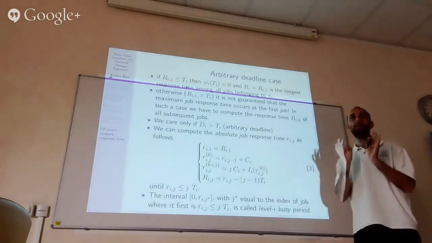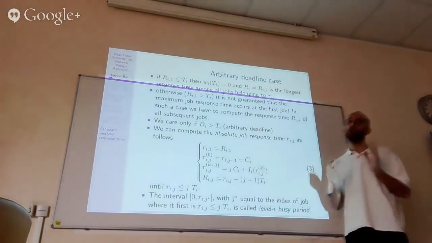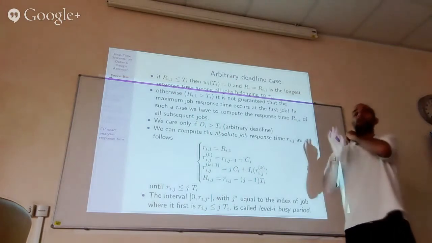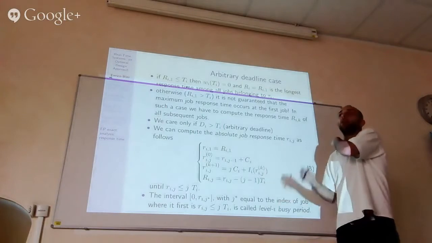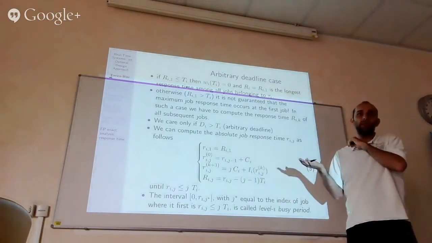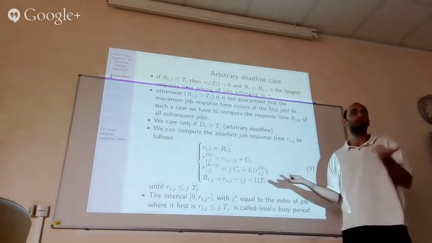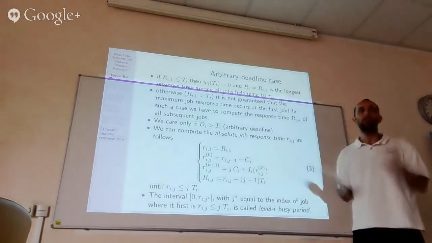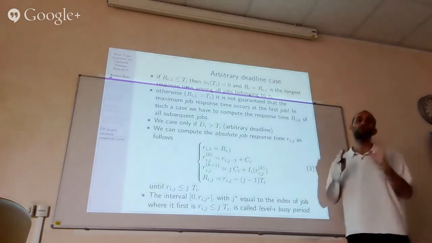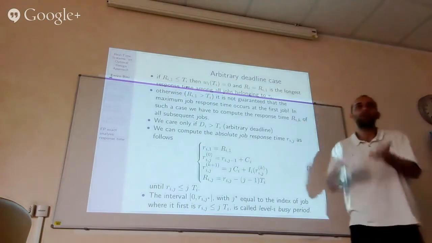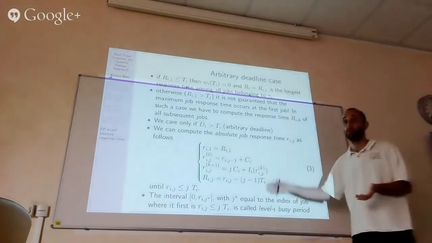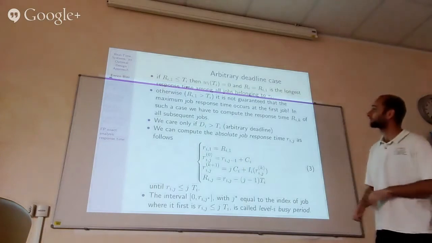Also, it depends on what the goal is. If the goal is to check the schedulability, then we don't need to do that. If the goal is to compute the response time, then maybe it makes sense to compute it anyway, because we say, look, we know for sure that we have violated the deadline. Okay? Let's see what the response time is. And then you need to do it anyway.